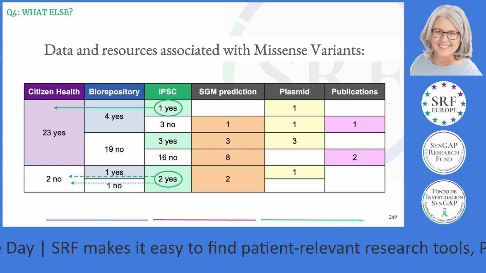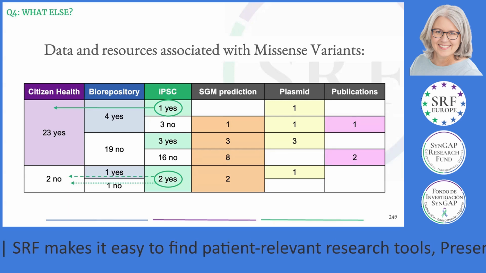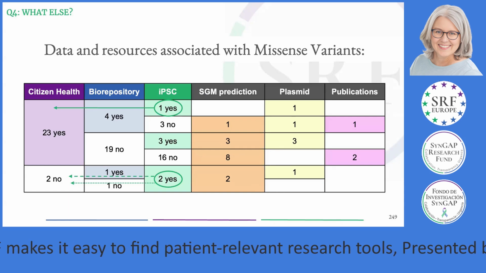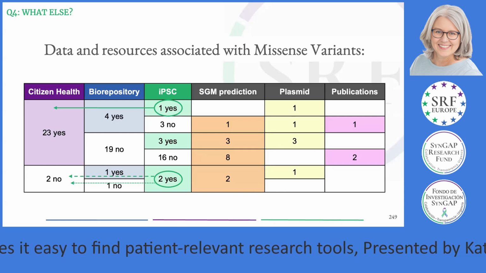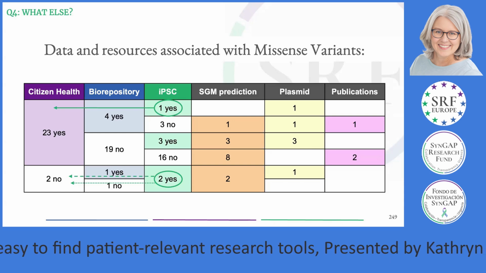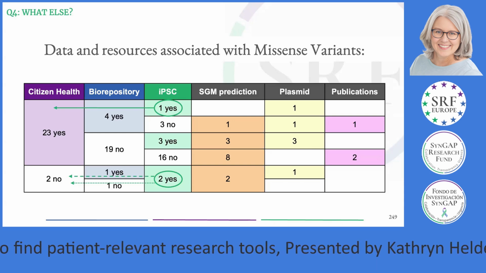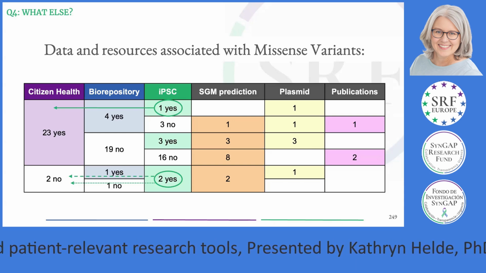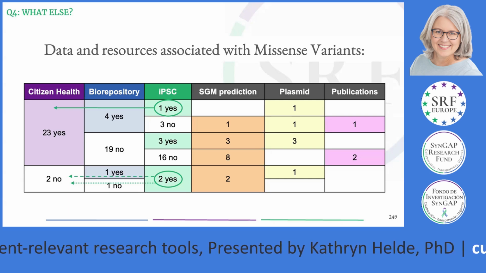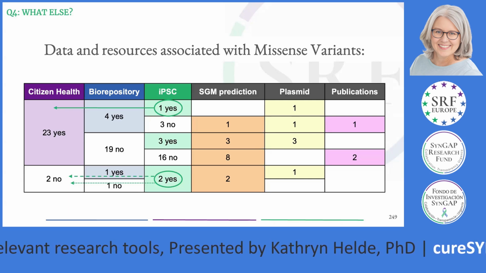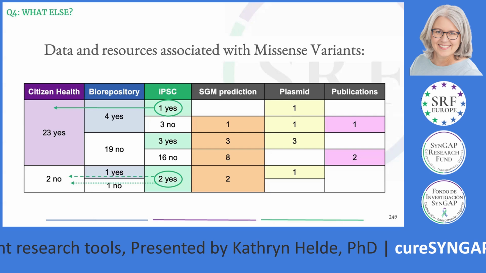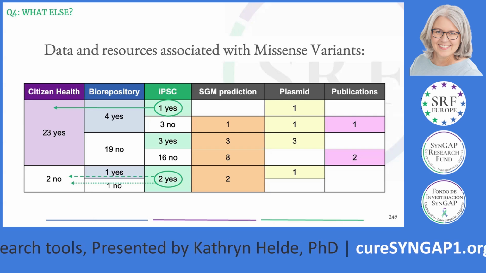He is looking at a bunch of missense variants in Syngap. And so he's had to make plasmids to either deliver for in vitro work, or to deliver with an AAV. So he has plasmids for these. And this tells you whether or not a plasmid exists.